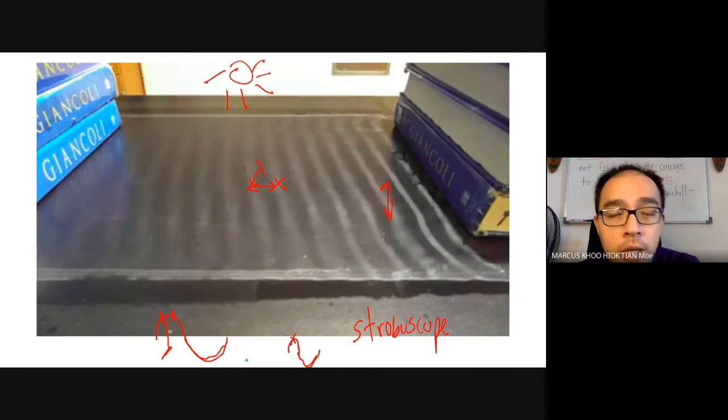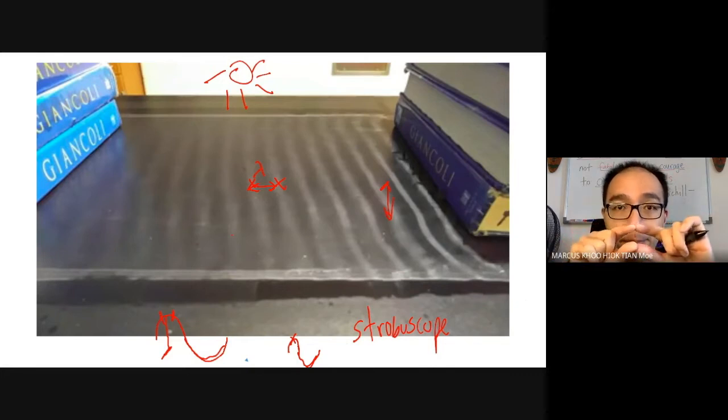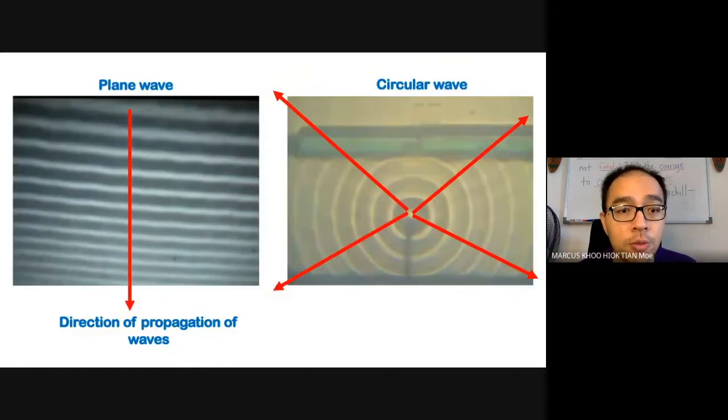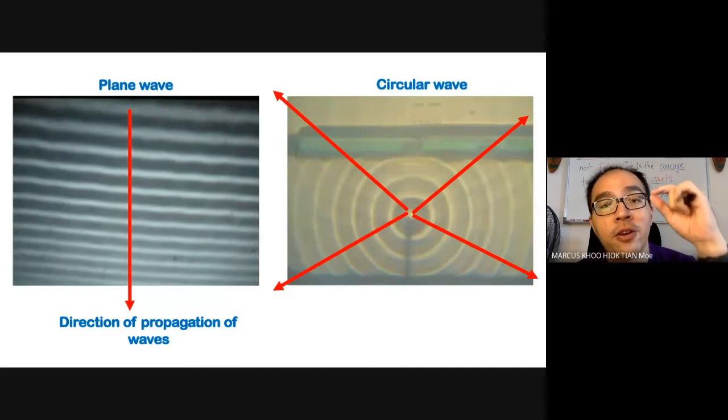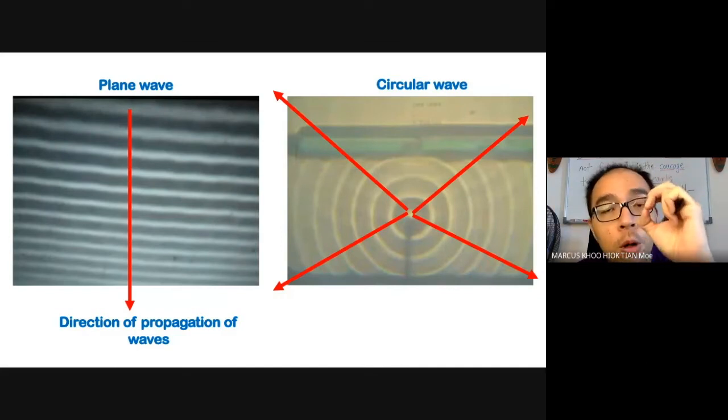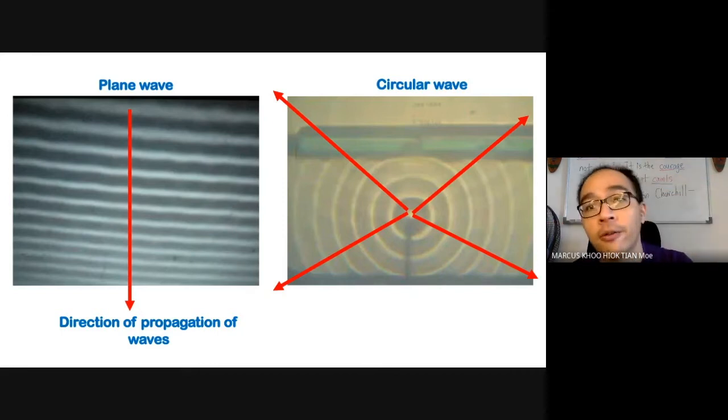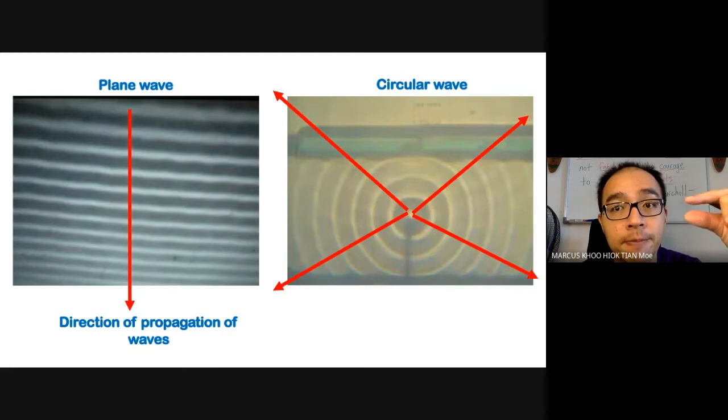Again, remember that this wave pattern is produced by a plane, or straight, vibrator, so you produce plane waves. A circular wave is produced if your vibrator is connected to a small ball instead of a piece of metal or wood that is vibrating. So it depends on what kind of wave you want to produce.